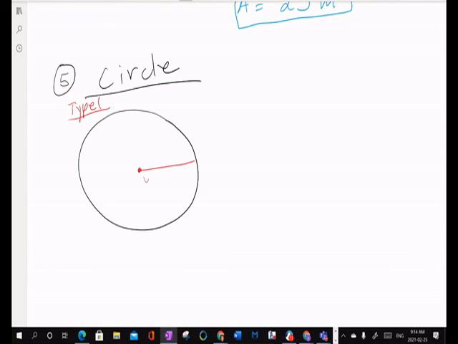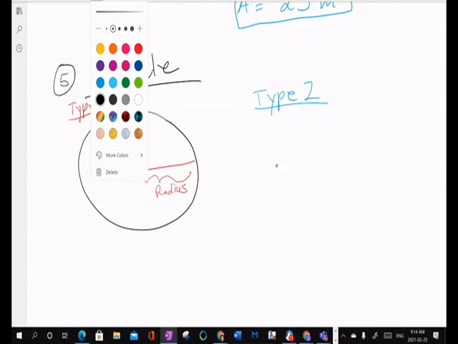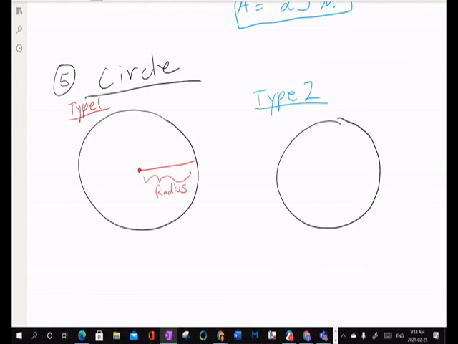We call this the radius. Now, another type of circle that you will see is given by this shape. Here's our center, but we have a line that cuts across the entire length of the circle.